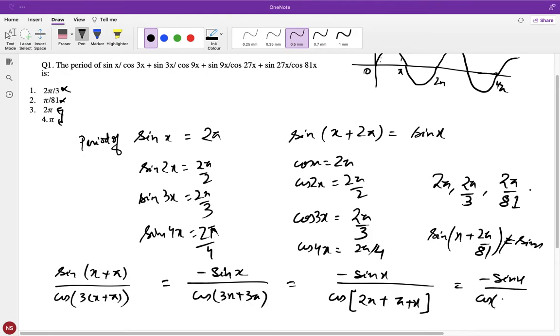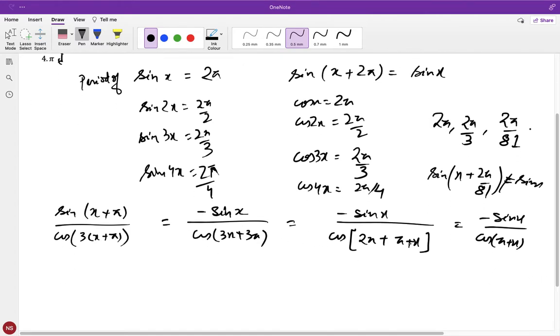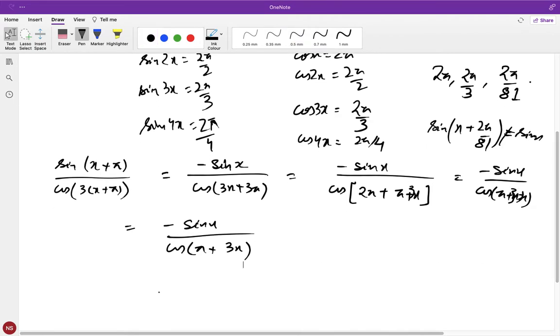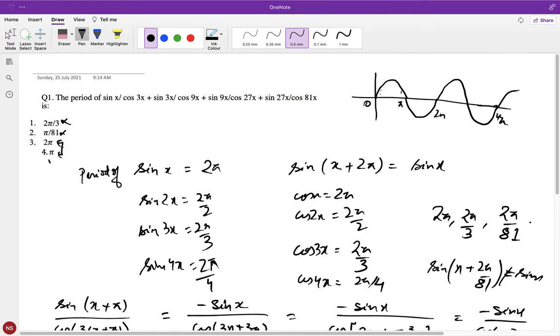So this is cos of pi plus 3x. So this equals minus sin x by cos of pi plus 3x. Now cos of pi plus theta is minus cos theta. So this is equal to sin x by cos 3x. So pi is the period.